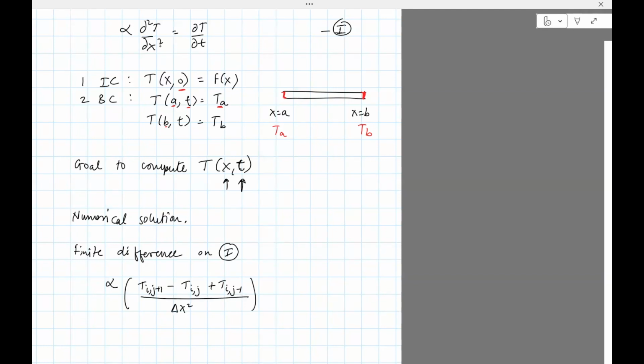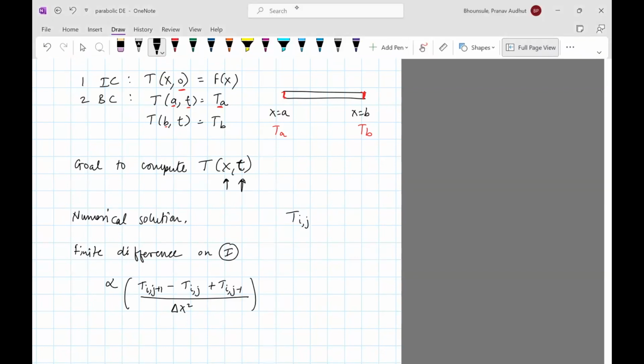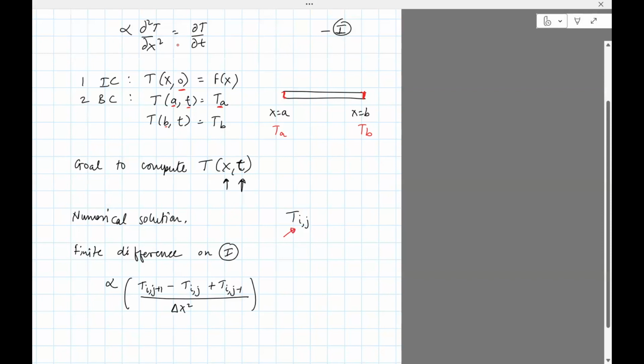So what is T(i, j)? Here the first index will be used to denote time, and the second index will be used to denote position.